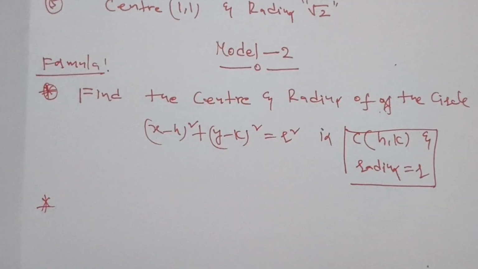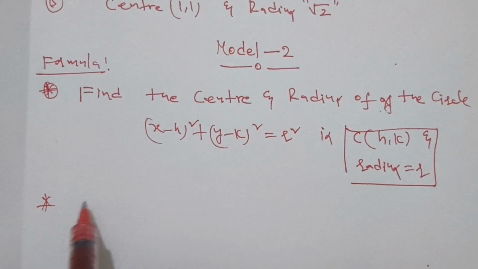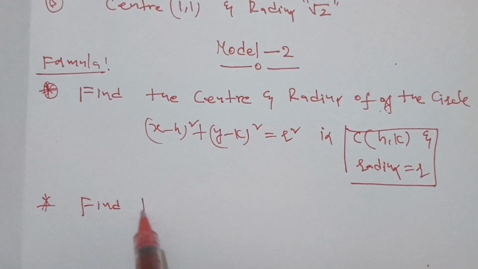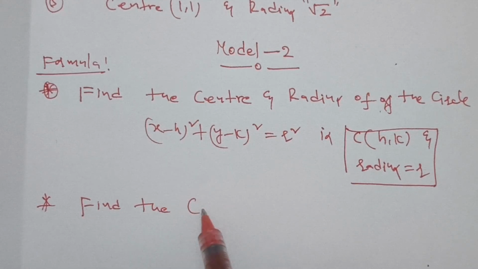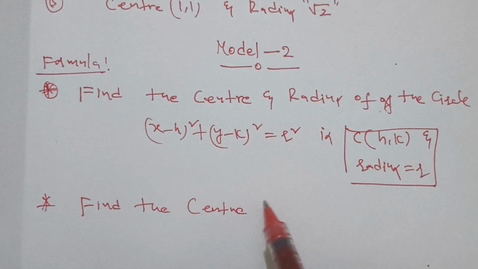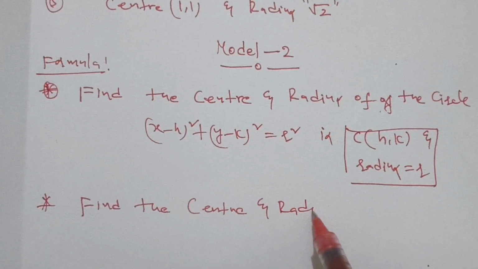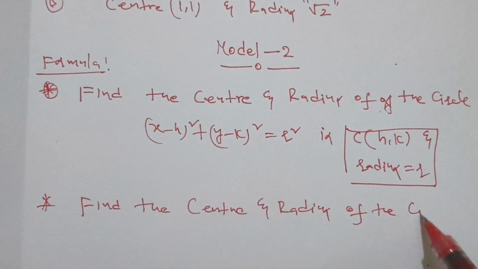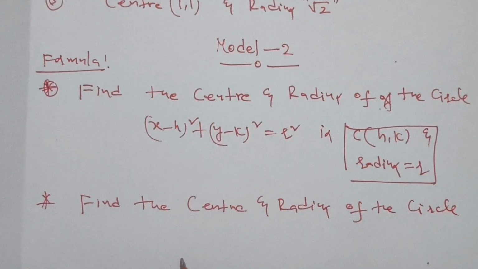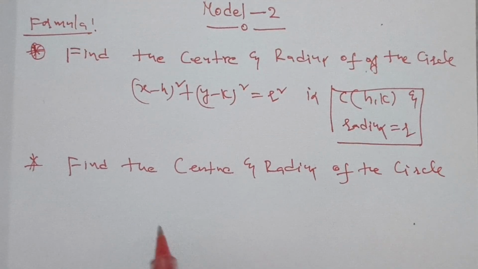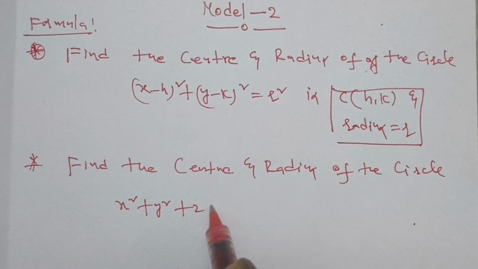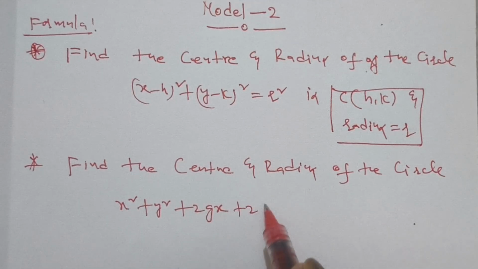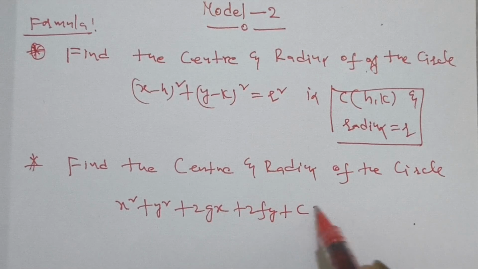The second formula is to find the center and radius of the circle when the circle equation is of the form x square plus y square plus 2gx plus 2fy plus c equals 0.